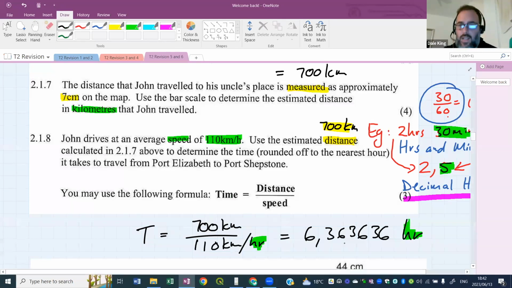And like I said, this formula gives you decimal hours. Look, there they are. We just need to round this off like you guys have done already. So it's 6.36 hours, and this is decimal hours. That's the answer for the question. Don't forget to round to the nearest hour.